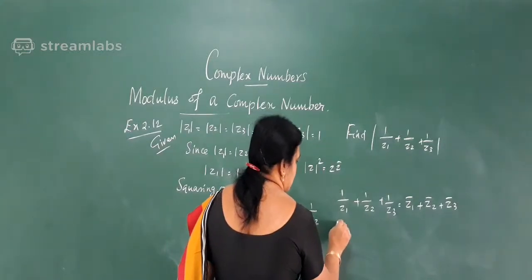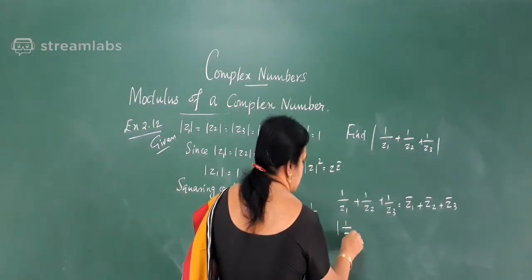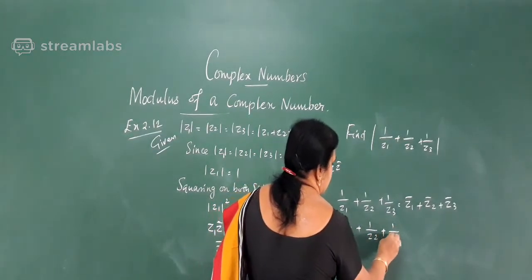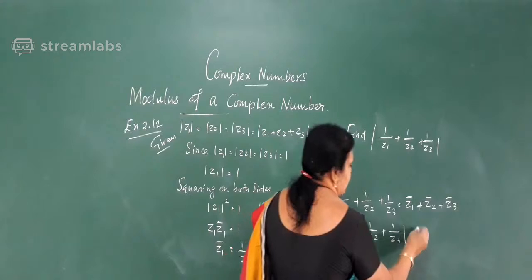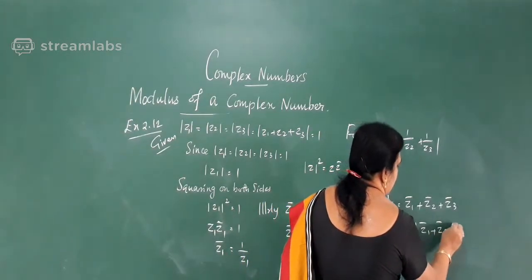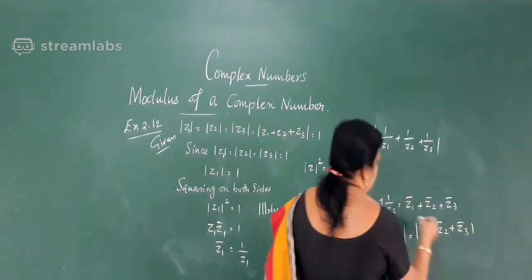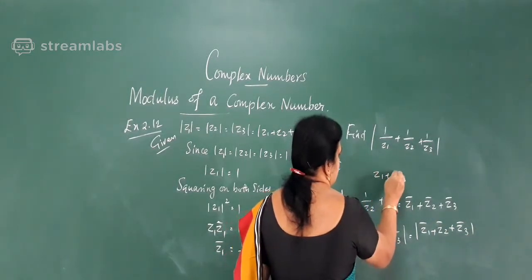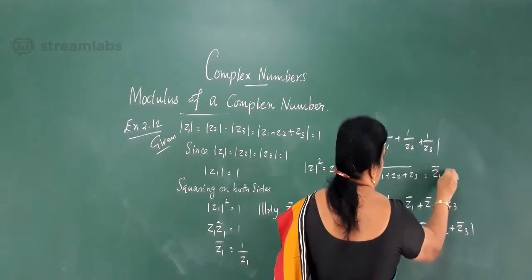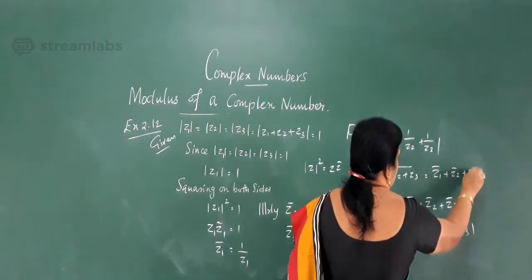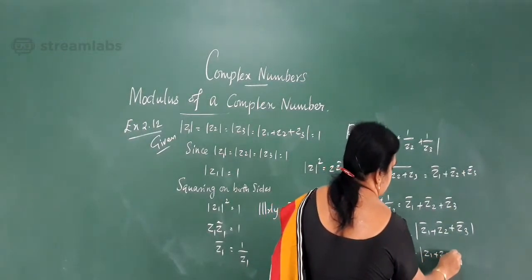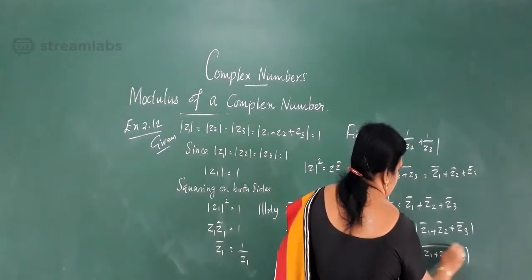Just take modulus on both sides. Modulus of 1 by Z1 plus 1 by Z2 plus 1 by Z3 is equal to modulus of Z1 bar plus Z2 bar plus Z3 bar. By using the property that Z1 bar plus Z2 bar plus Z3 bar is the conjugate of Z1 plus Z2 plus Z3, I am going to write modulus of Z1 plus Z2 plus Z3 whole bar.